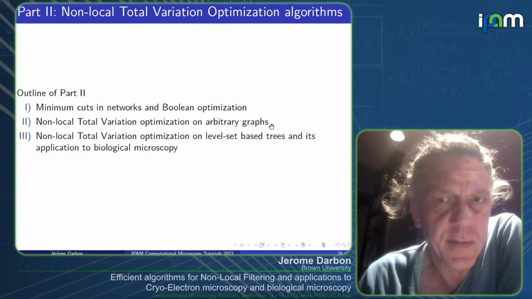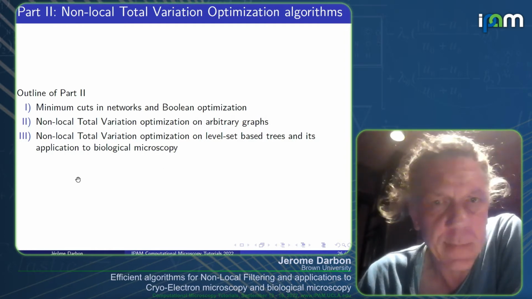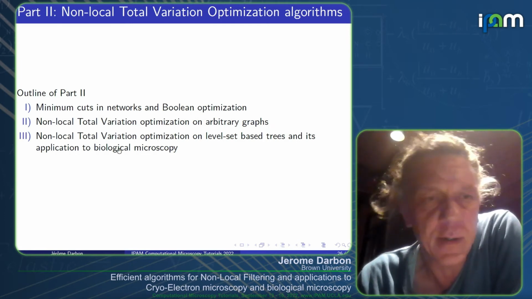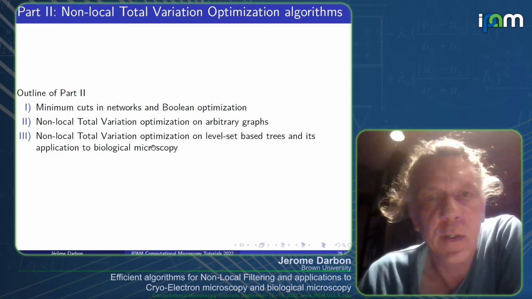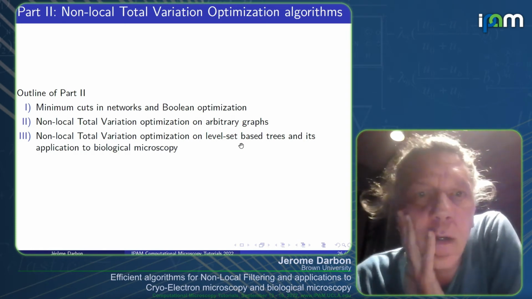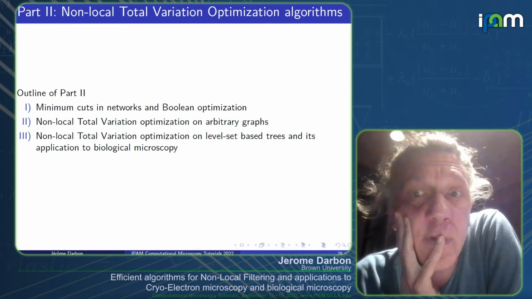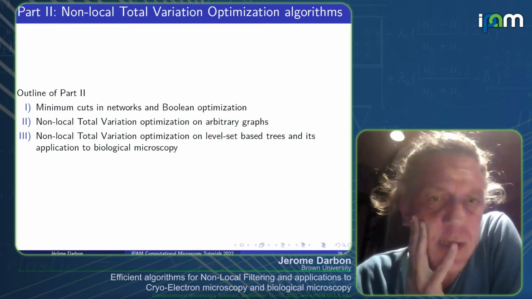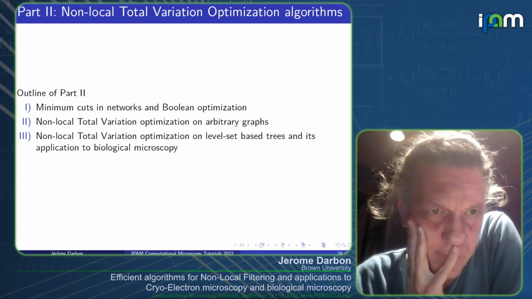And once we have this general version of TV, I'm going to show you how we can create a special class of non-local TV using trees that are useful for processing certain biological microscopy.